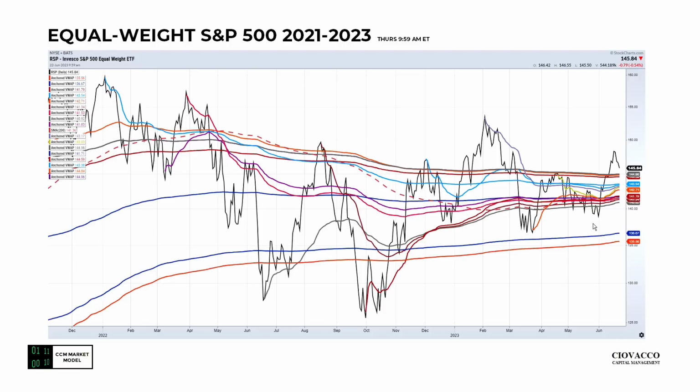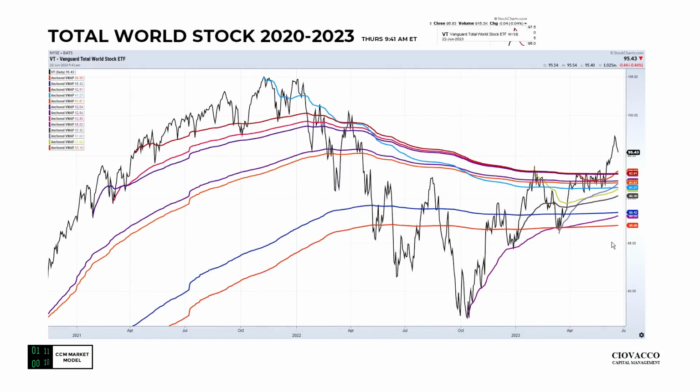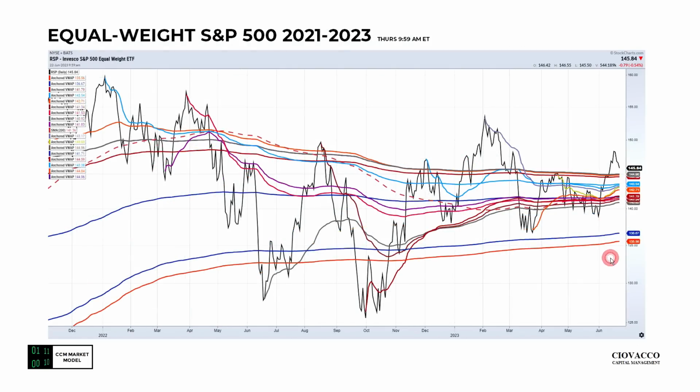We have had some 100% normal and to be expected give back this week, but given price is above all of these anchored volume weighted average price lines, including orange and blue from the COVID low and COVID high, much like the total world stock chart, both of these charts tell us that buyers are still in control. If price were to get down into this area here or this area here, concerns would increase.